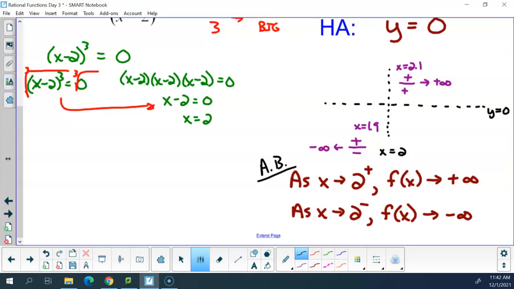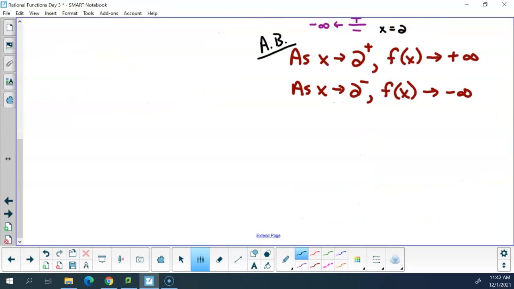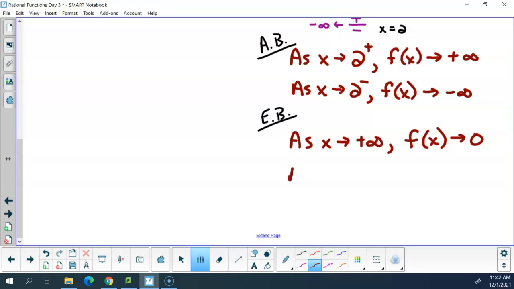Now we've got our end behavior. Because we know that it's going to 0, we can say as x approaches positive infinity, my function is going to 0. As x approaches negative infinity, my function is going to 0.